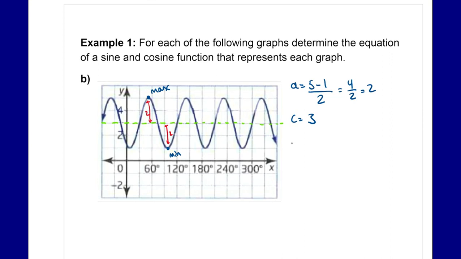My K value, I'm going to look for a full cycle. Here, it's a little bit hard to determine where the maximums and the minimums are, but not so much for the points along the midline. So if I start here, I continue along a full cycle till I come back to here. So for my period, I'm going to go from here to here.